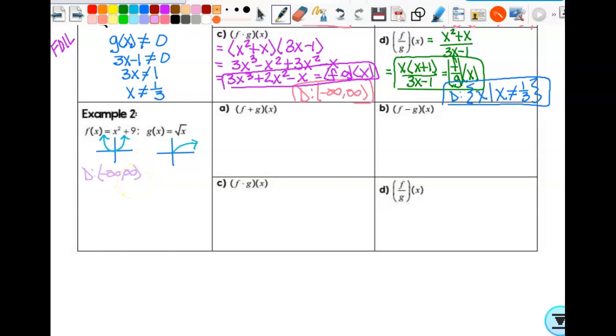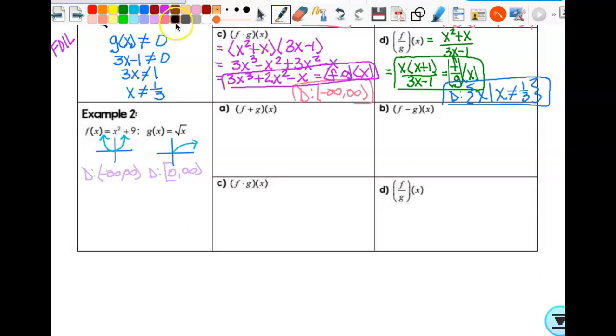If I move this one around, would my domain change? Yes. So I have to look to see, are there any transformations? No. So this does represent my domain, which is just going to go from 0 to infinity. We good with that?